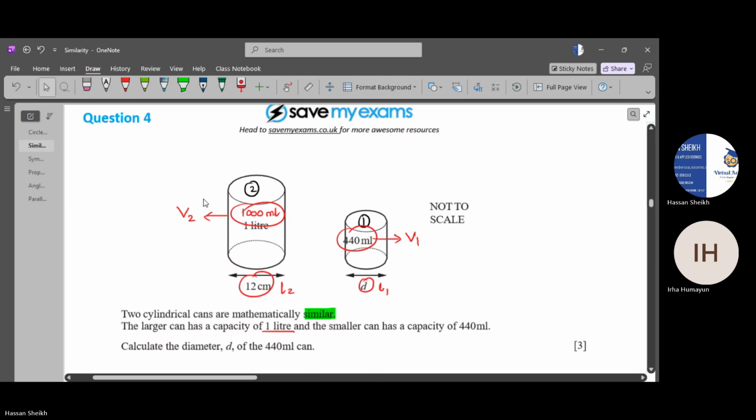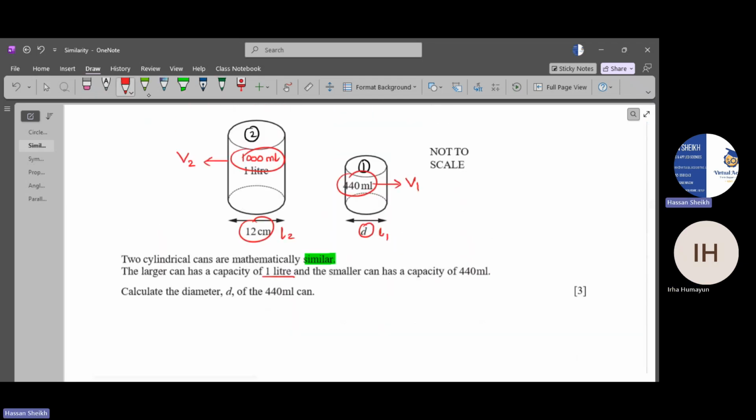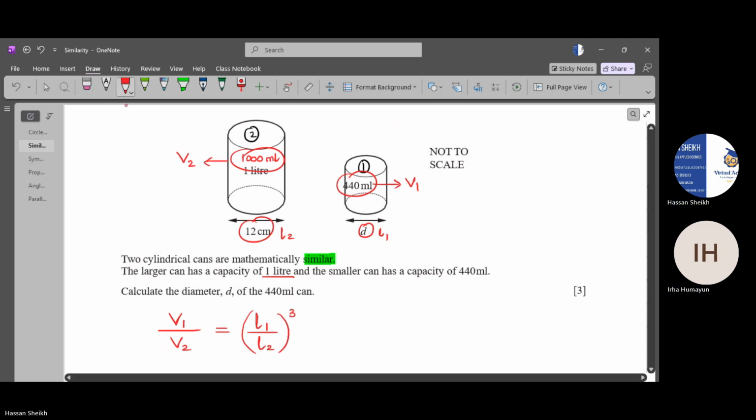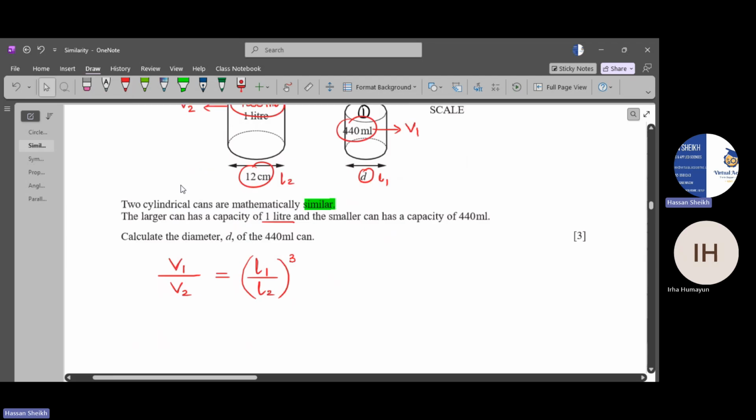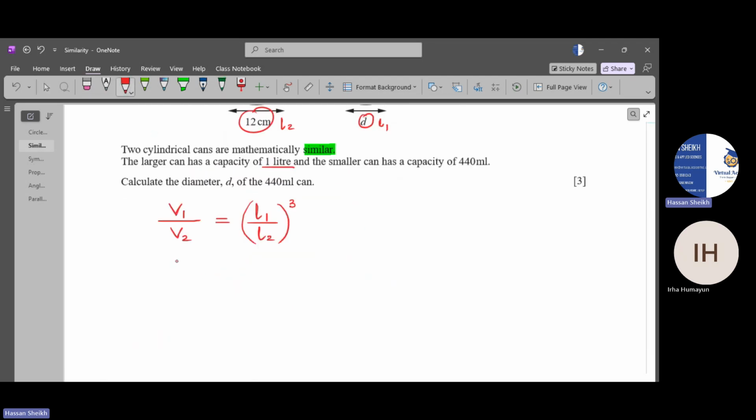Let's apply. The formula is V1 over V2 equals L1 over L2 whole cube. Agree? Yes, sir. Now, do you know how to remove the cube?